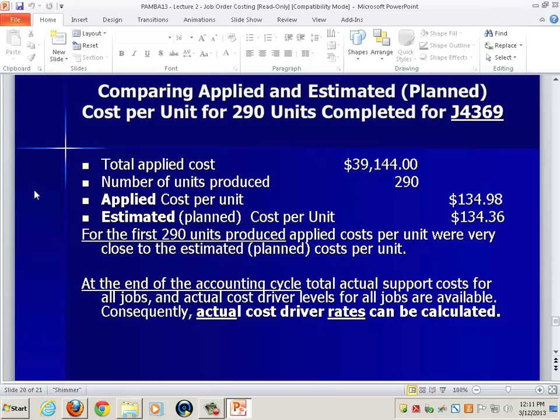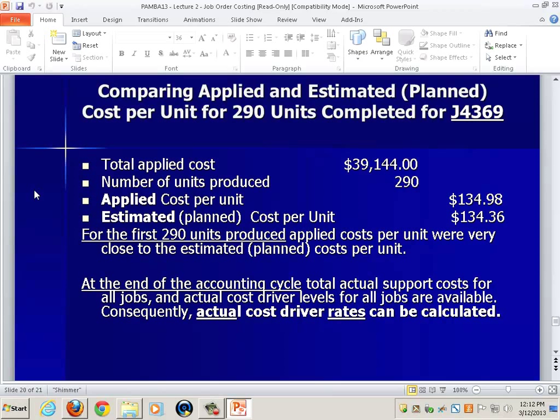Now what is very important, having done that, is to compare the applied cost per unit for the 290 units to what we estimated when we bid for the job for the 1,500 units. And here, the picture in this example is a pretty picture.